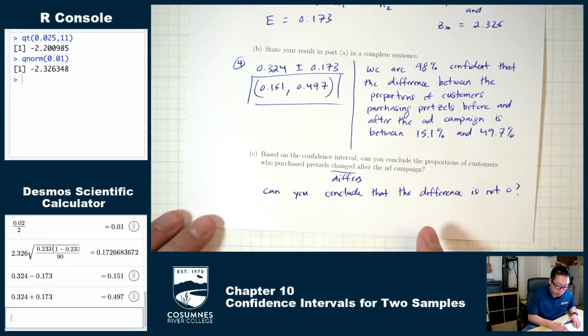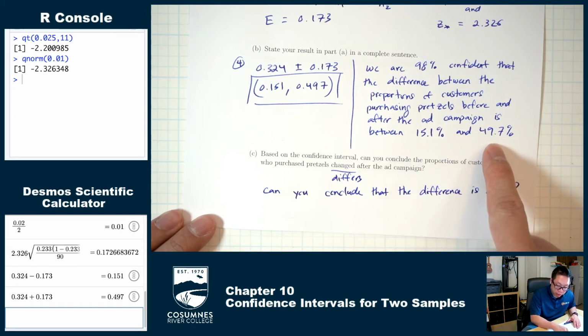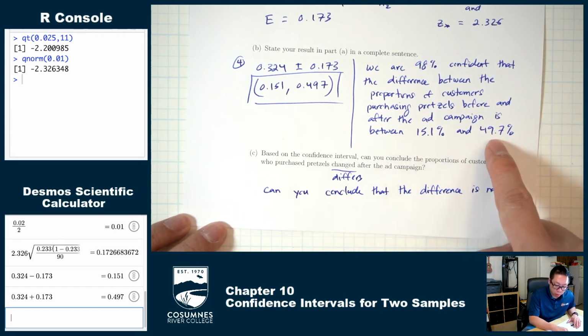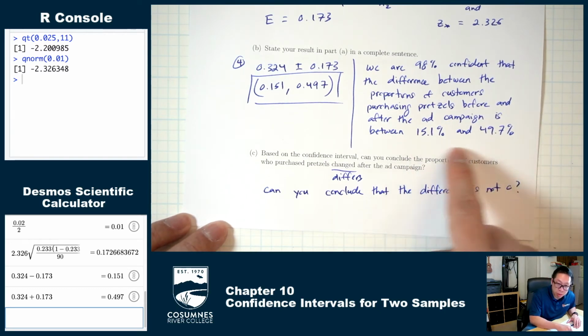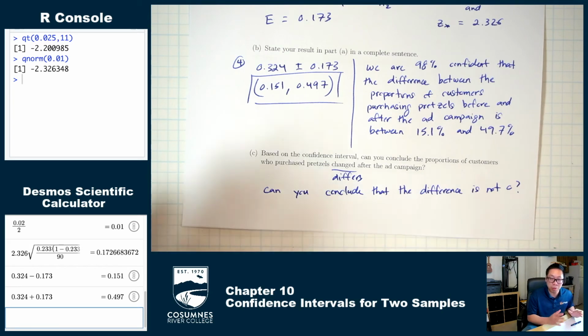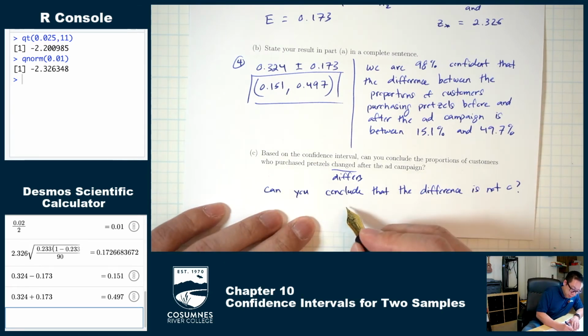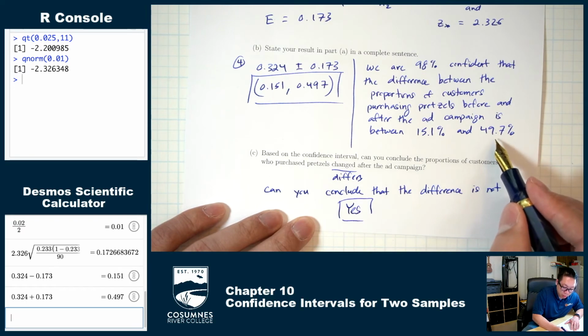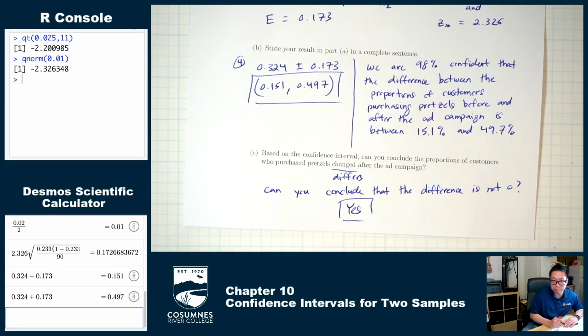We know the difference is somewhere between 15.1% and 49.7%. Can you say for sure that the difference is not zero? Yes, right? None of those numbers in between are zero, so we know for sure it has to be not zero. So this is a yes, because none of the numbers between 15.1% and 49.7% are zero.